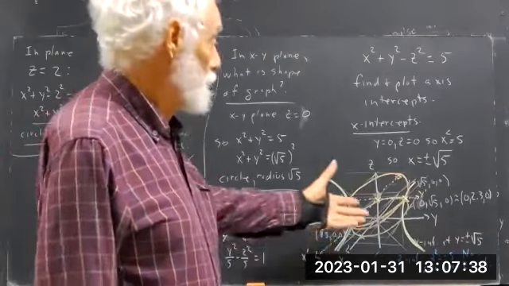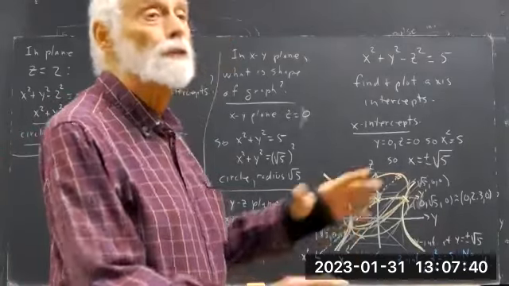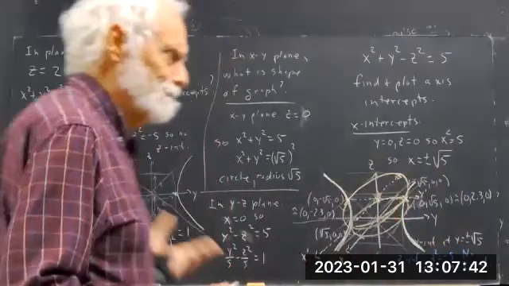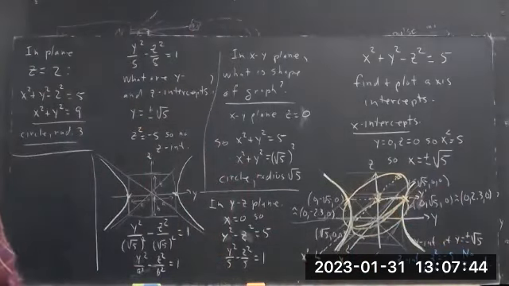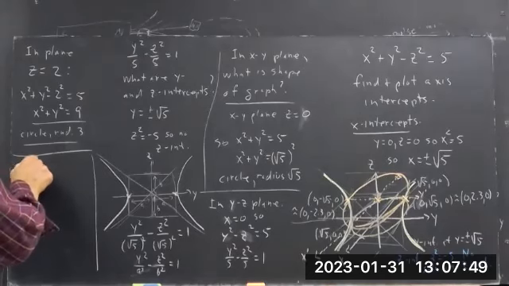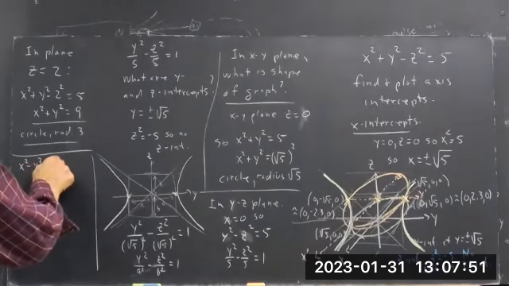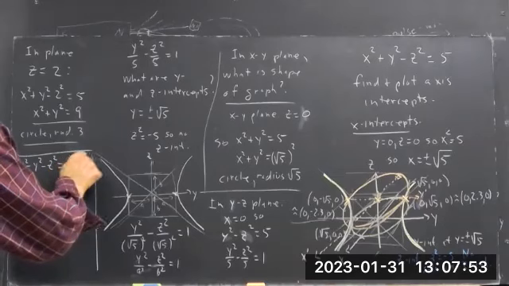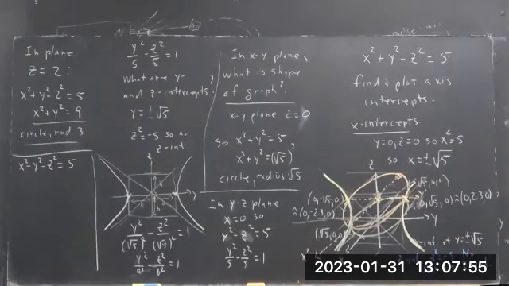Okay, but you don't really get a solid. You got a surface of revolution, right? Put the words together. Okay, what if it was this? What would be different?